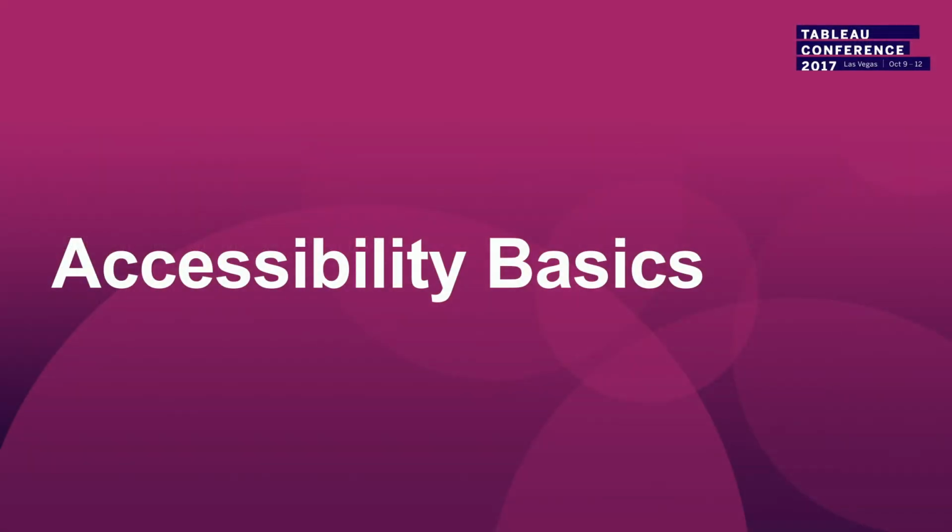Before we dig into the accessibility side, I think it's really important to understand the disabilities and impairments that create this need for accessibility. There's a really wide spectrum of disabilities that can impair us from using a computer system. Vision impairment is a primary one for a visual analytics company, but this has a huge range.